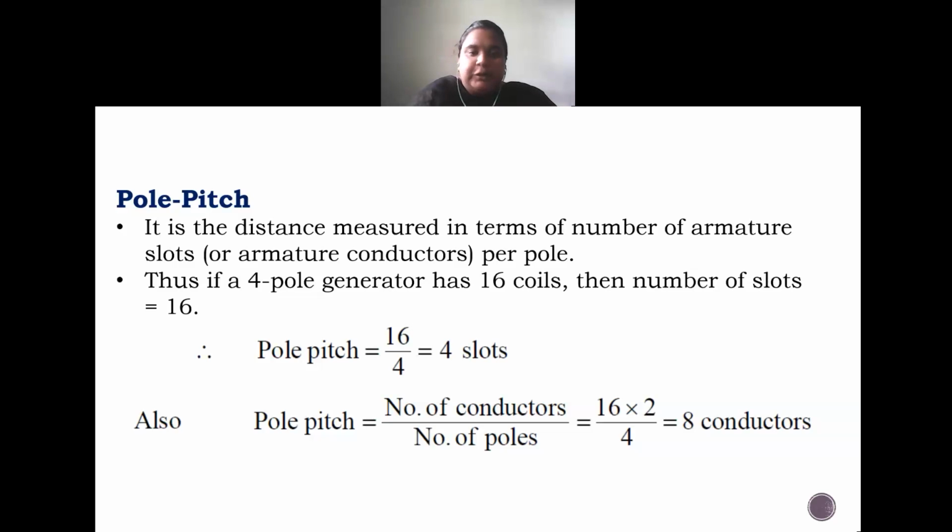If we talk about slots, then we directly divide the total number of slots by the total number of poles, and you will get the pole pitch in slots. If you are going for conductors, then divide the total number of conductors by the total number of poles, and you will get it in terms of conductors. Pole pitch can be represented either in slots or in conductors, depending upon our requirement.